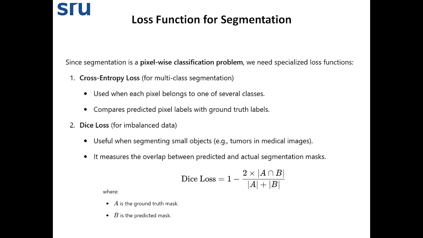Then dice loss for imbalanced data. It is useful when segmenting small objects, for example tumors in medical images. It measures overlap between predicted and actual segmentation masks. Dice loss is given by 1 minus 2 times A intersection B divided by mod of A plus mod of B. A is the ground truth mask, B is the predicted mask.